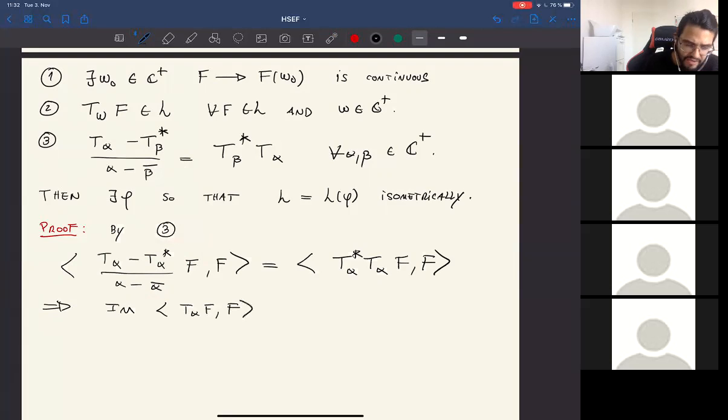What I'm trying to say is I don't really need to know that T alpha star equals T alpha bar to prove that T alpha is continuous.